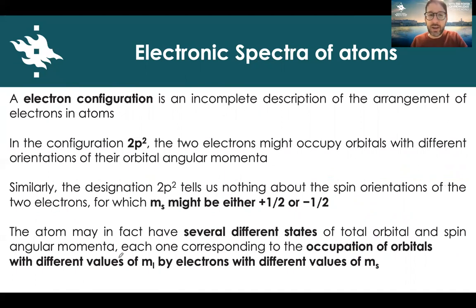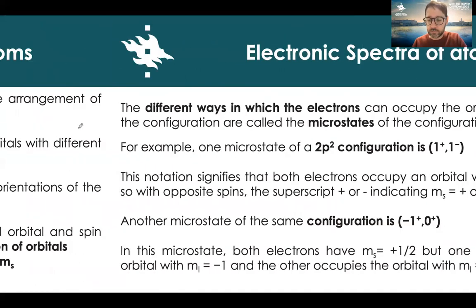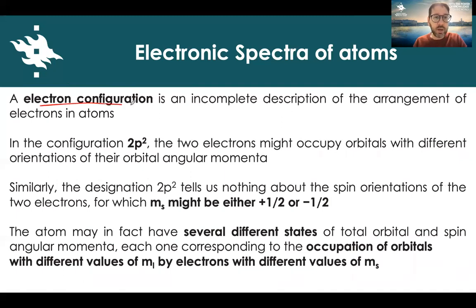So when we do an electron configuration, the electron configuration is not a complete description of the arrangement of the electrons. For example, if we get a 2p2 configuration, the electrons may occupy orbitals with different orientations of their angular momenta.